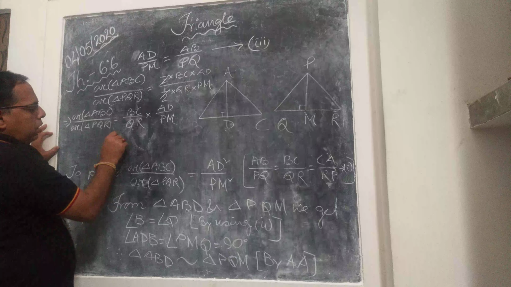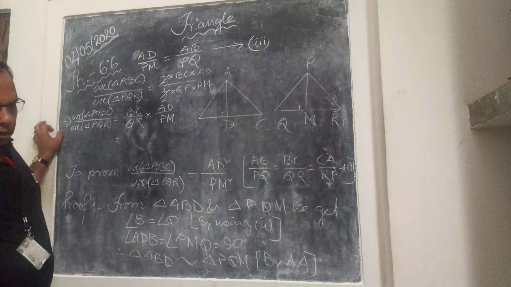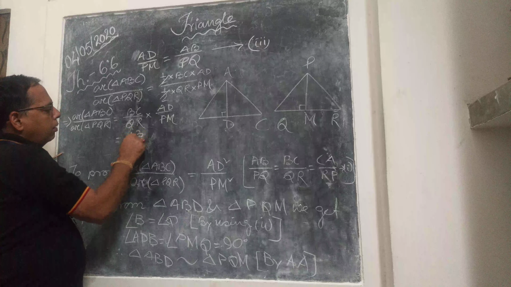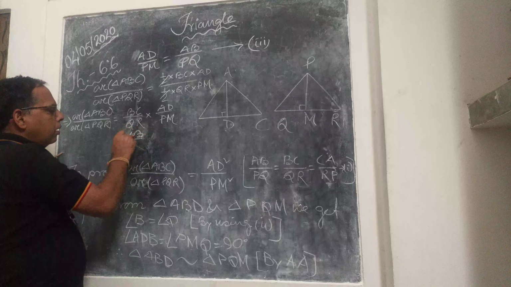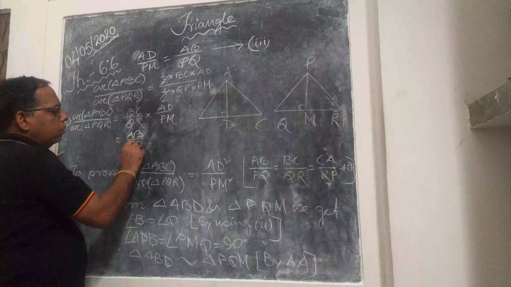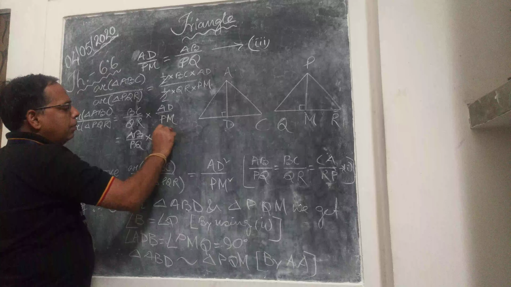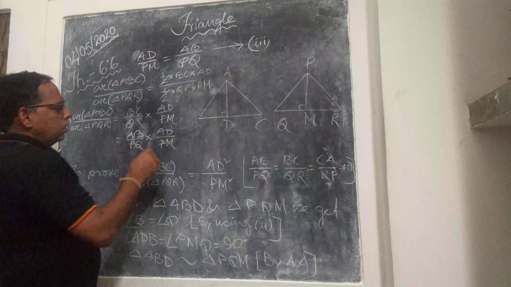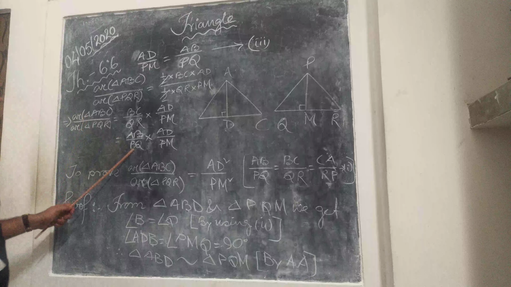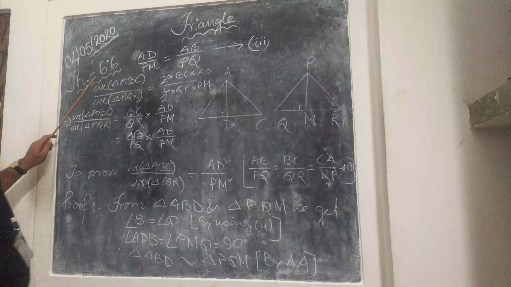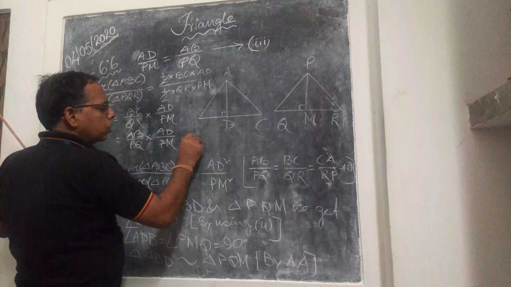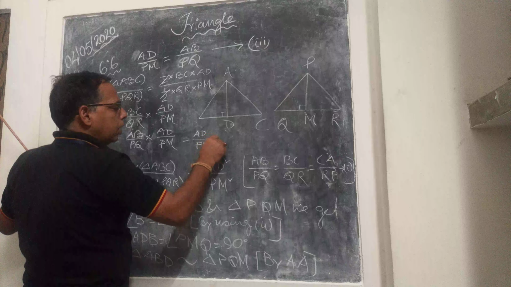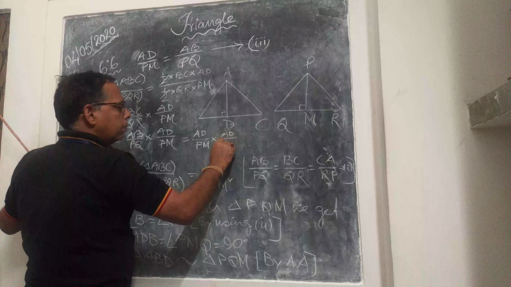BC by QR is nothing but AB by PQ, into AD by PM. Now AB by PQ is nothing but AD by PM. So what is that? AD by PM into AD by PM.